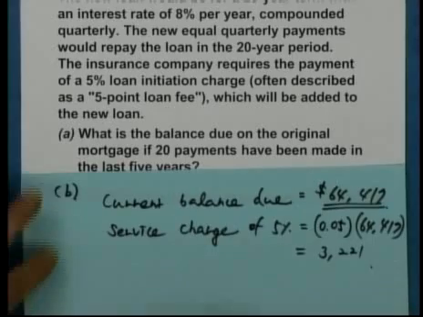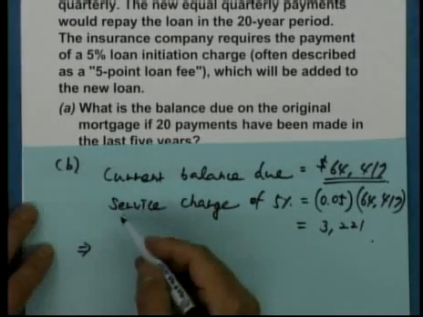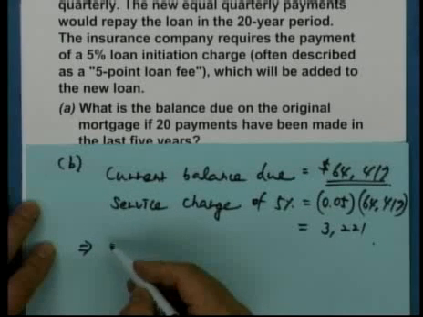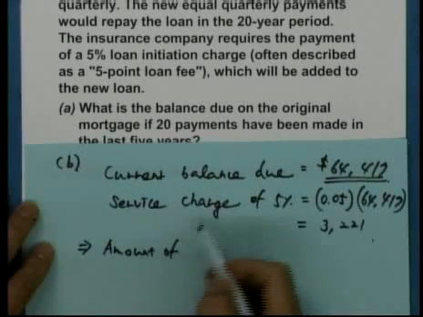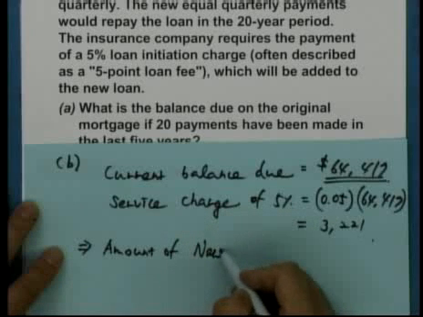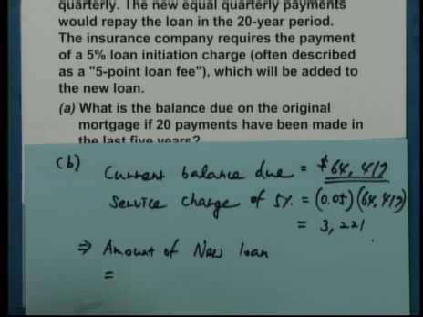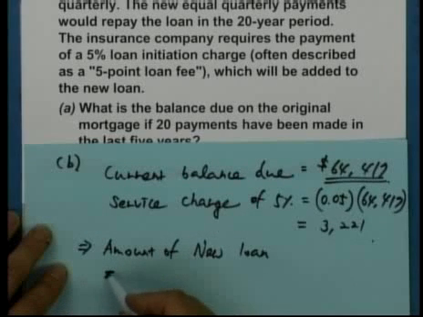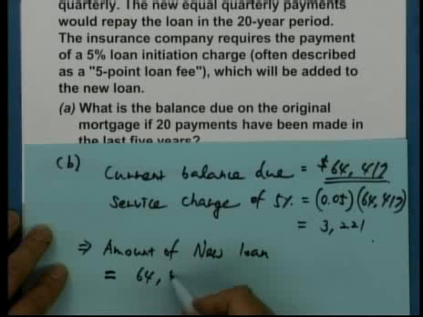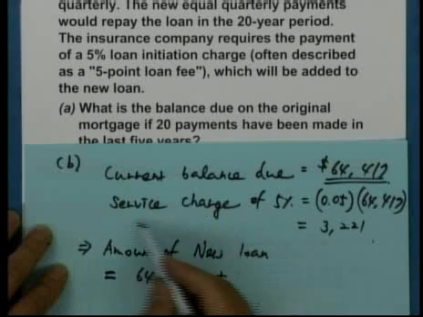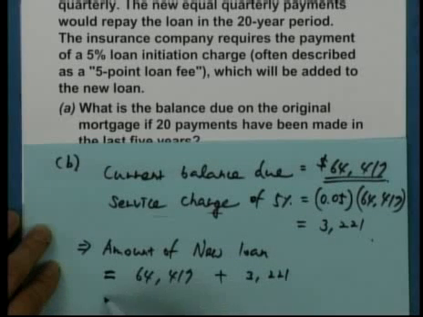Okay. So as a result, the amount of the new loan is going to be the original balance 64,417 plus the service charge 3,221, right?